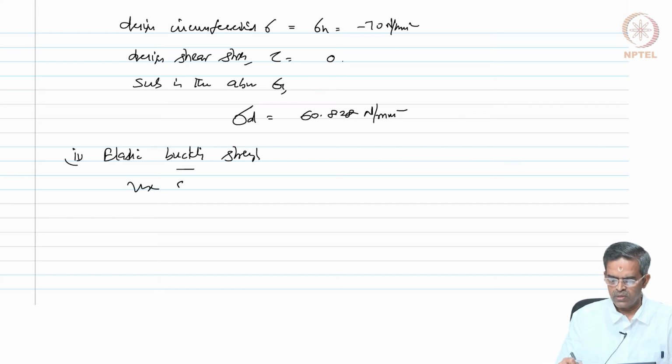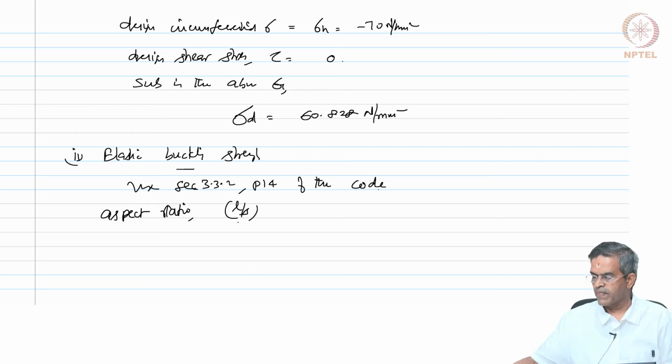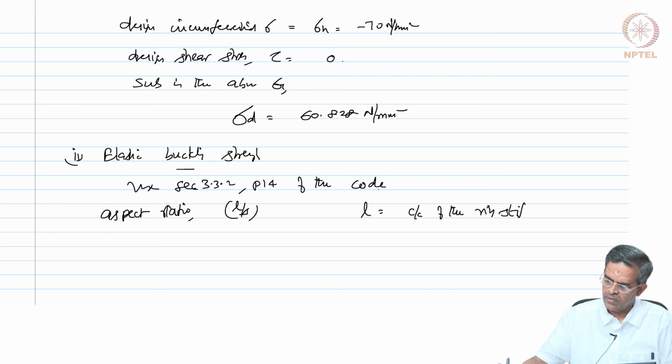Let us now compute the elastic buckling strength. So, we use section 3.3.2 on page 14 of the code. Let us talk about the aspect ratio L by S, where L is the distance or the spacing of the ring stiffeners, which in this case is 1000 mm.